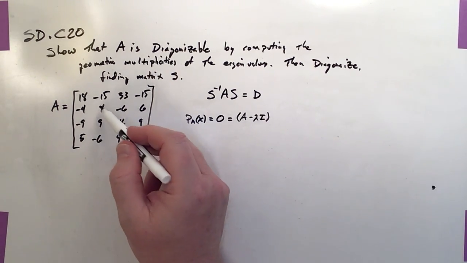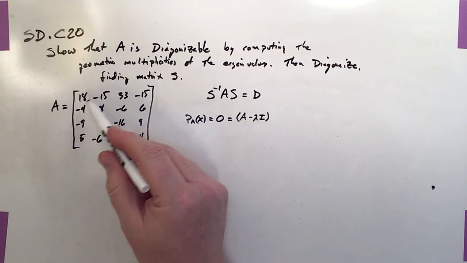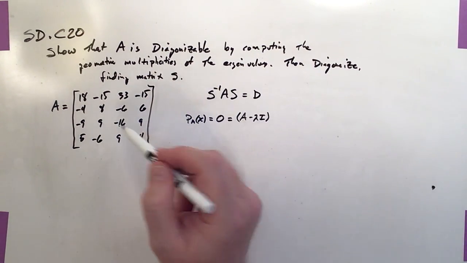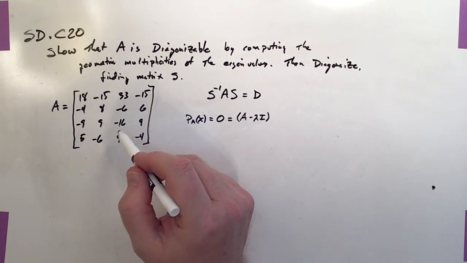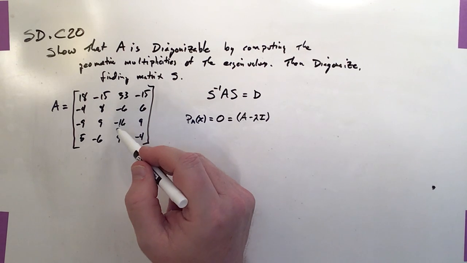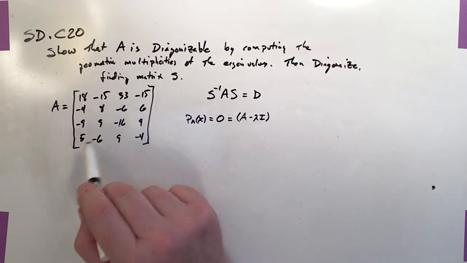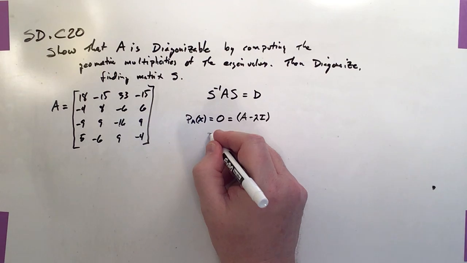We'd have to put minus lambda along each one of the diagonals, and then we'd have to find the determinant. Of course, there are technology tools that can help us. Your calculator enables you to find eigenvalues, and Wolfram Alpha will actually use the function eigenvalue, and then you go ahead and enter this matrix in.